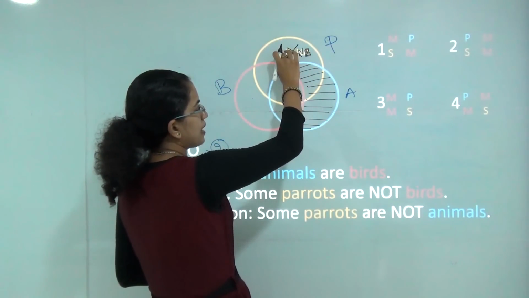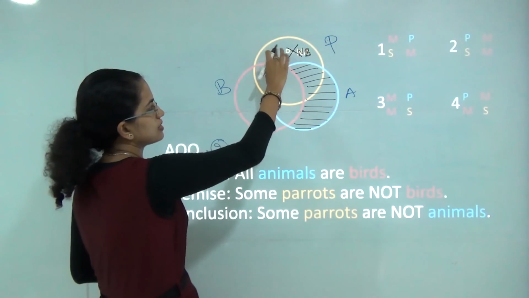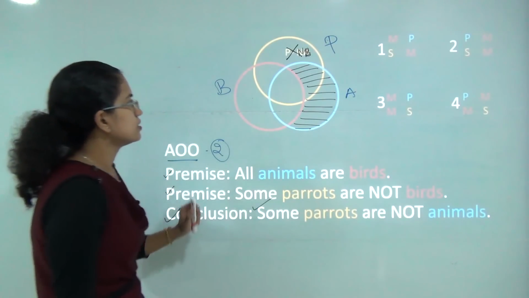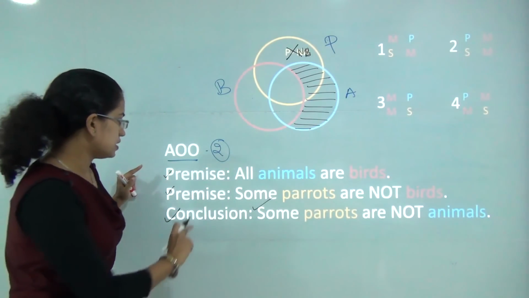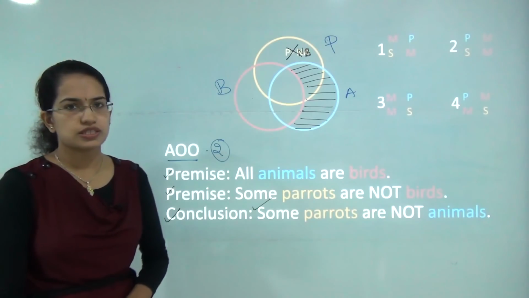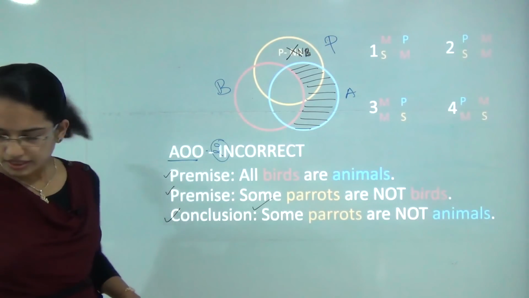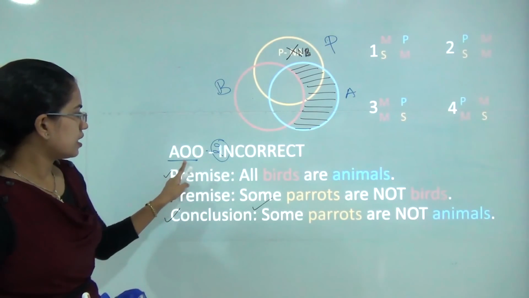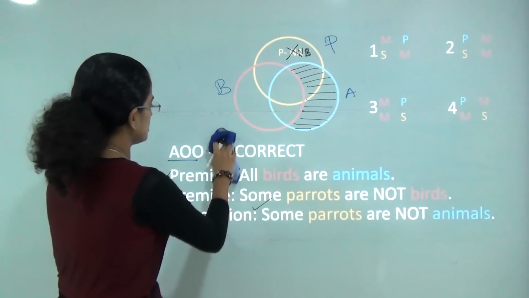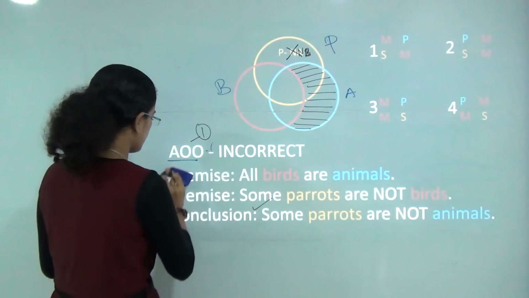Since these some parrots are not birds, these some parrots are also not animals. So that is again correct. So based on these two premises, I can definitely say my conclusion is correct. Next, I am taking an AOO case 1. So this is a case 1 of AOO problem.